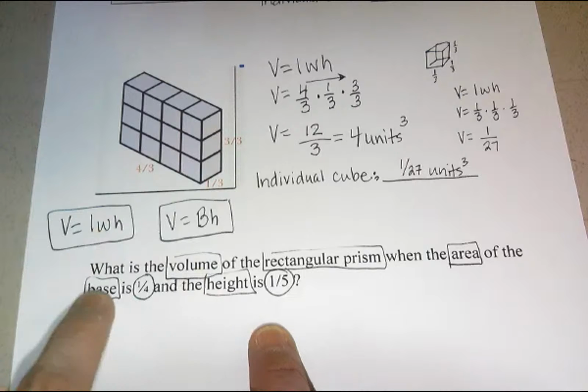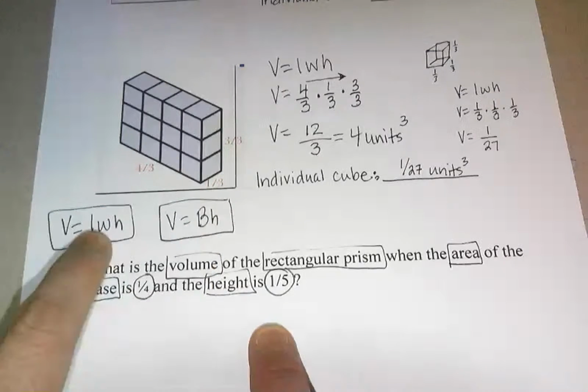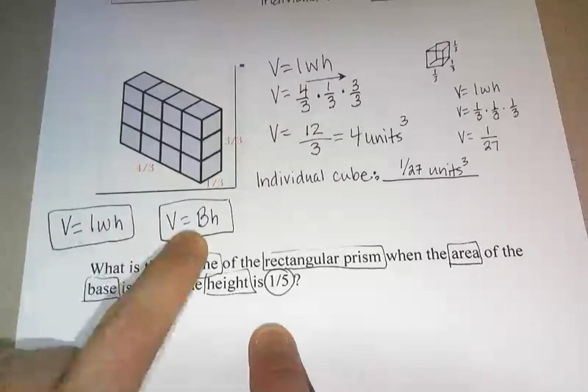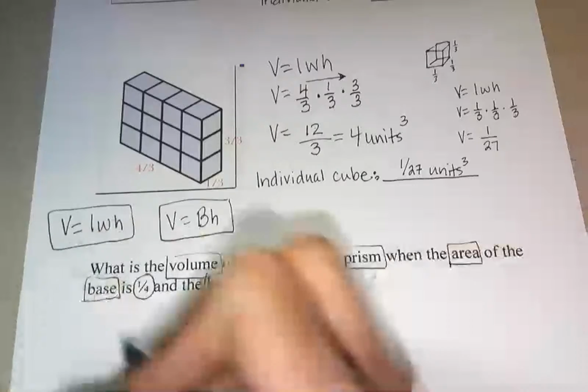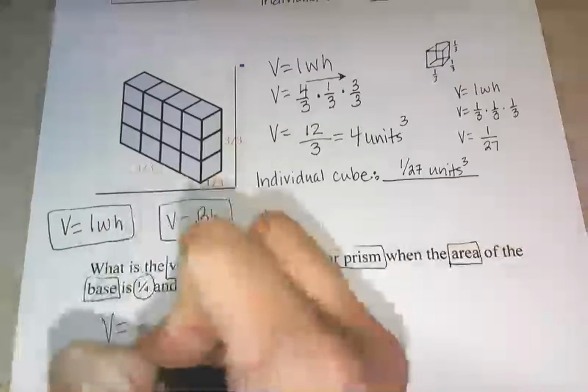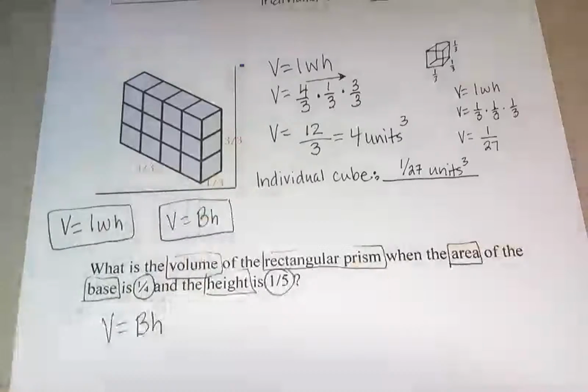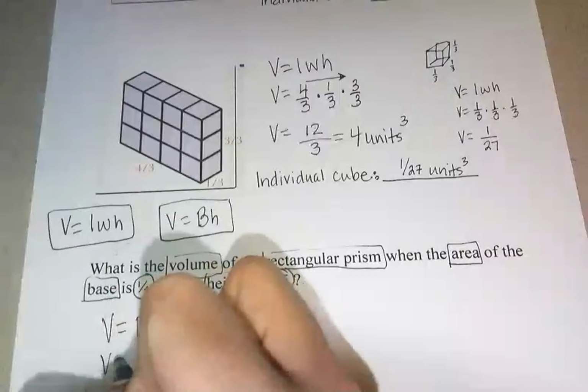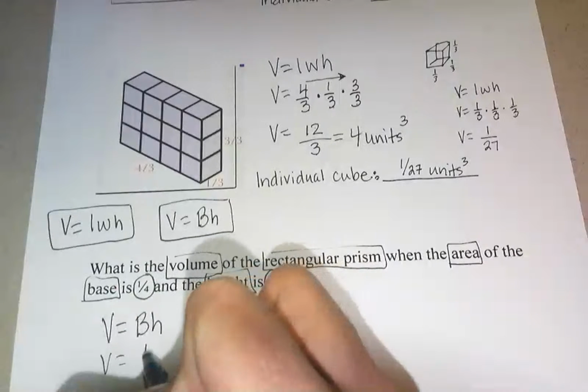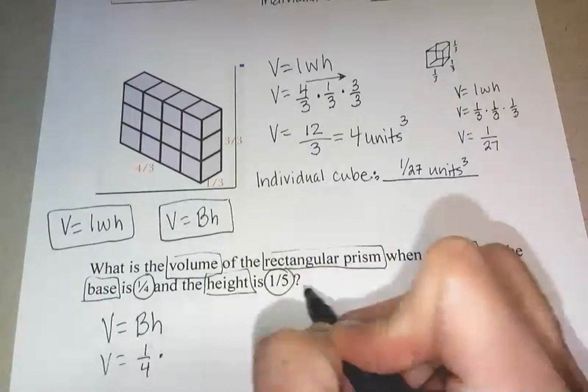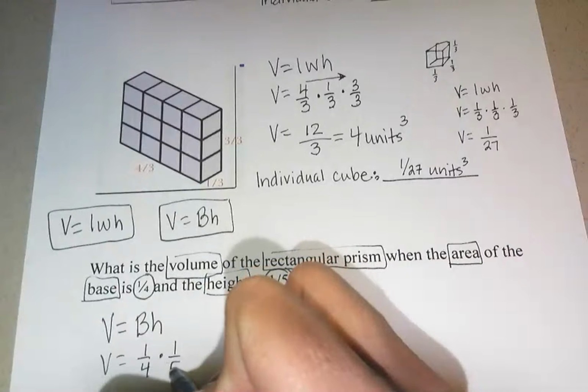So the base is here. Did you know that the base is a length? So instead of using this formula, I'm going to use this one. So I'm going to write volume equals base times height. And just rewrite it. The base is 1/4 times the height is 1/5.